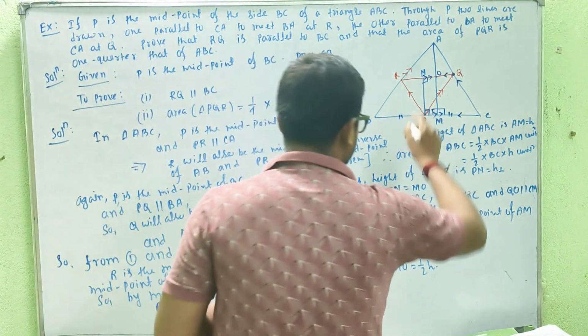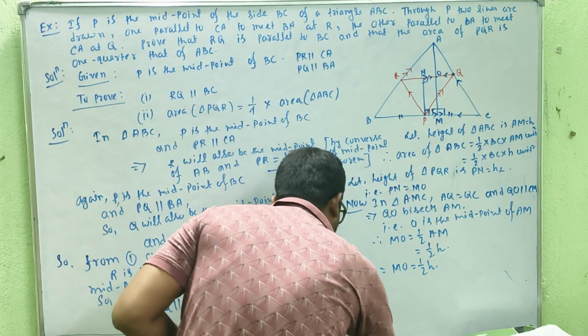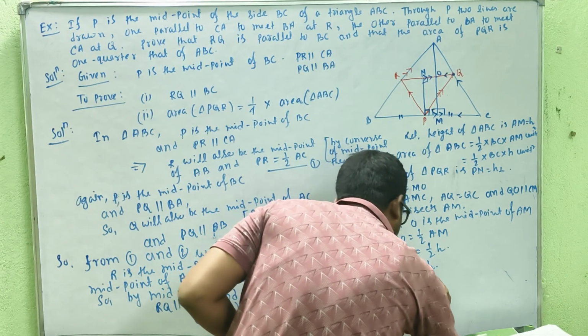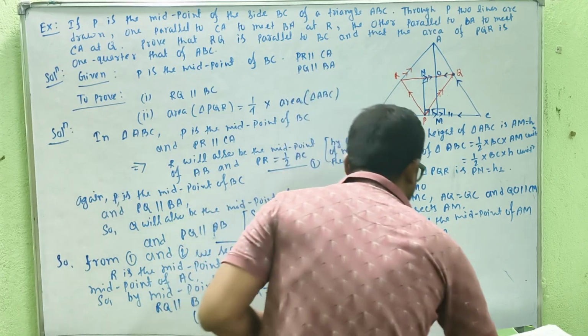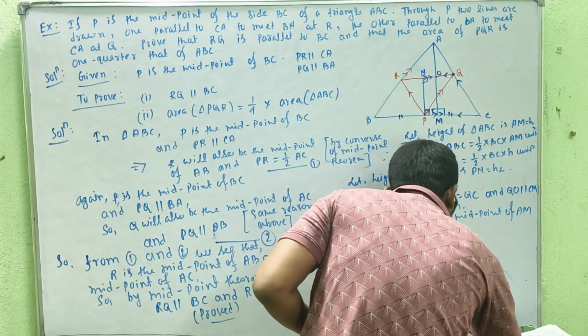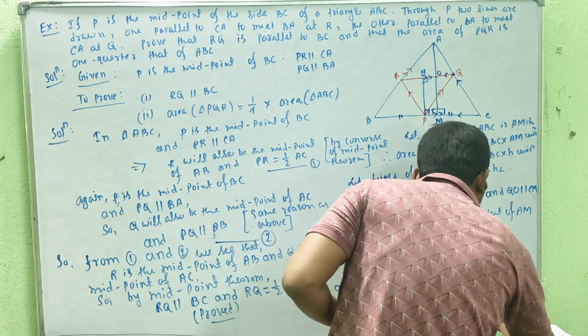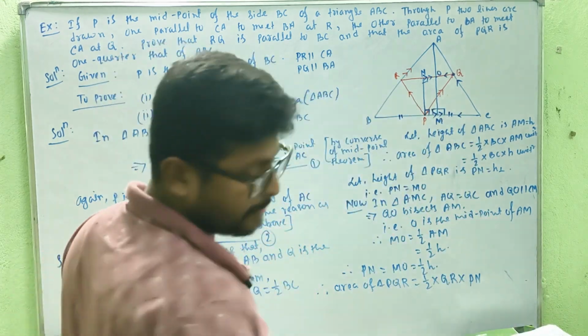Okay, so area of triangle PQR. Therefore, area of triangle PQR equals half into base QR into height PM.